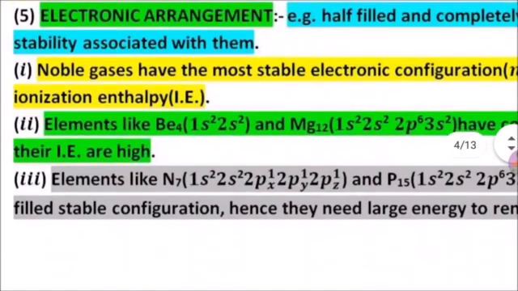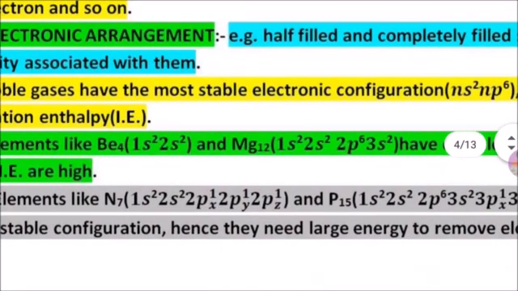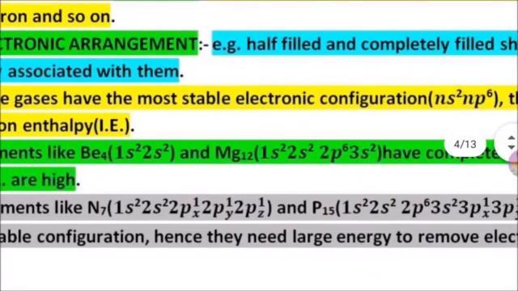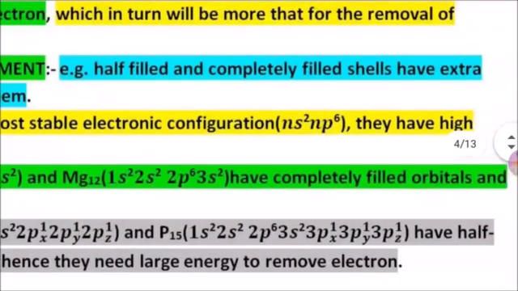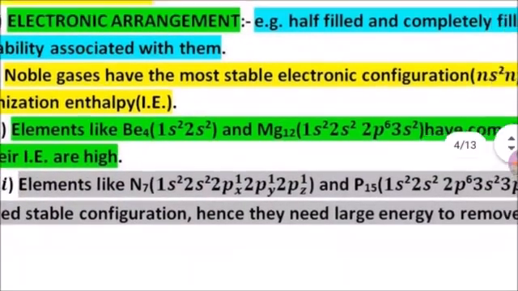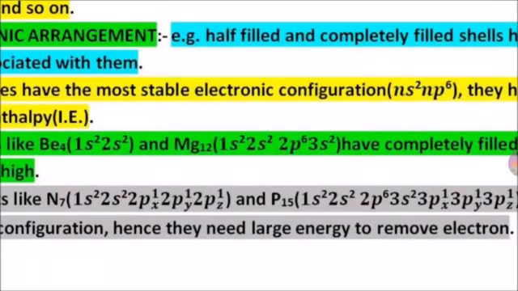And third, elements like nitrogen, whose configuration is 1s2 2s2 2px1 2py1 2pz1, means half filled, so it is in a stable form. And phosphorus, atomic number 15, has configuration 1s2 2s2 2p6 3s2 3px1 3py1 3pz1, also half filled, hence they need a large amount of energy to remove electrons.